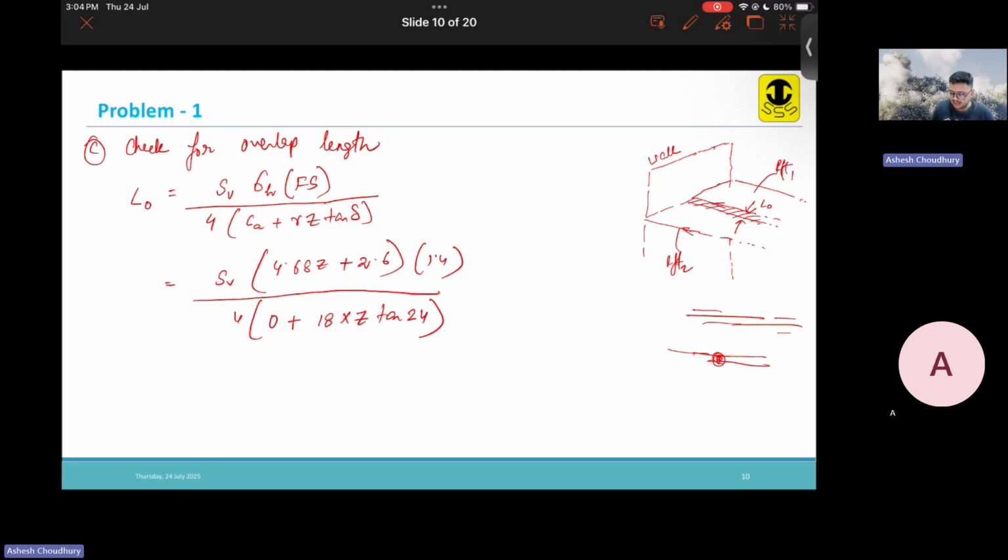Now again you are seeing this L naught is a function of SV, the spacing, as well as the depth. So now think how we can do this. Just think for a minute.